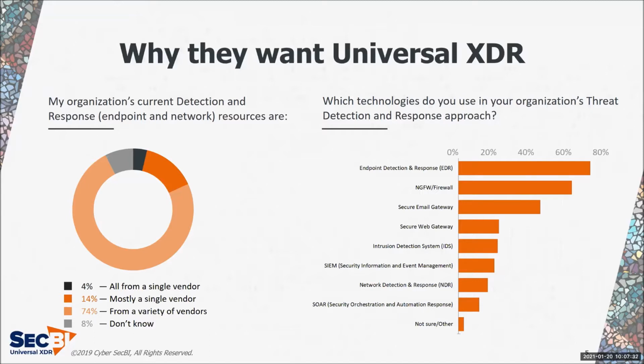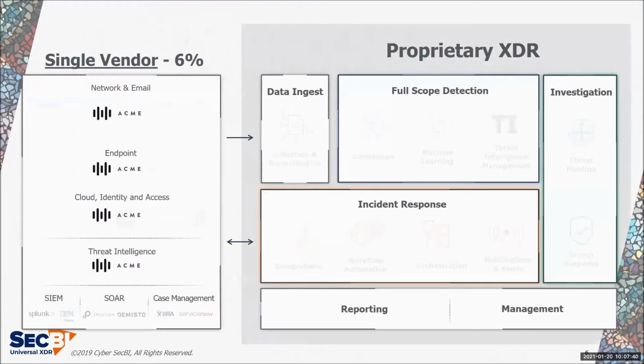That said, if you do have all of your solutions from a single vendor, it actually makes perfect sense to continue with that vendor. Their familiarity with the raw data, with the telemetry of their endpoint, etc., would make their detection just as good as ours, maybe even better, because of their intimate familiarity with their data.